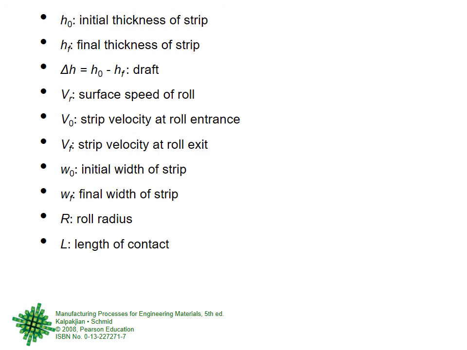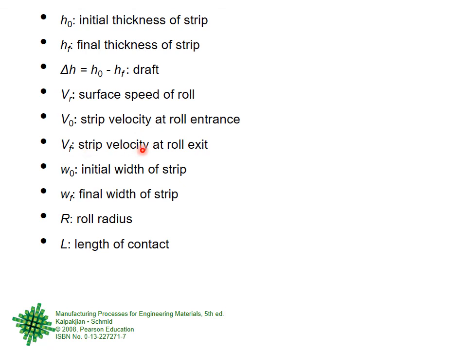Here I am just defining all the things which you already know. H0 initial thickness, Hf final thickness, delta H, H0 minus Hf, is technically called draft in rolling. Vr, surface speed of roll, not the rotational speed in RPM, the surface speed. V0 is strip velocity at roll entrance.